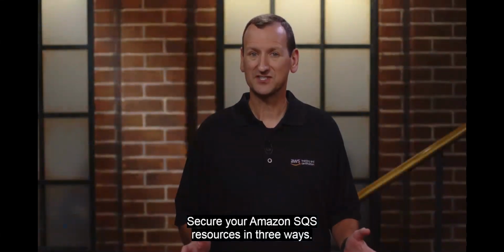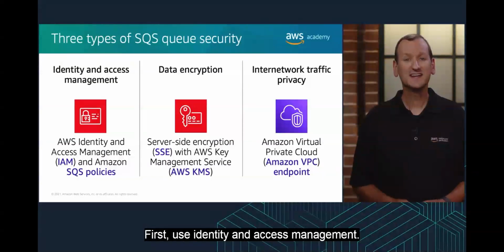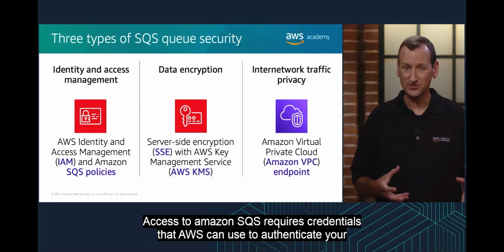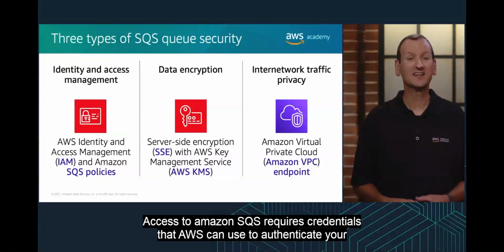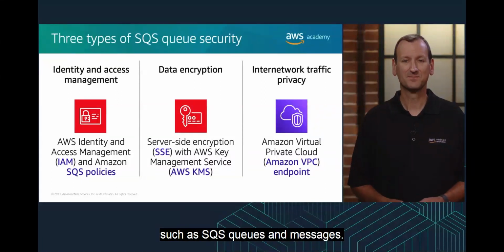Secure your Amazon SQS resources in 3 ways. First, use identity and access management. Access to Amazon SQS requires credentials that AWS can use to authenticate your requests. These credentials must have permissions to access AWS resources such as SQS queues and messages.